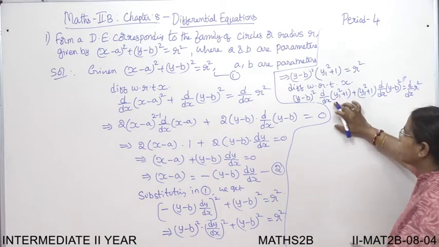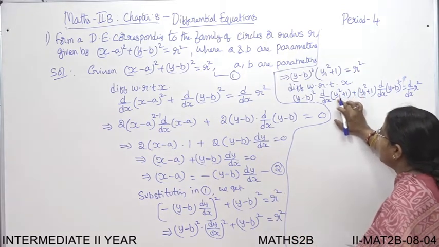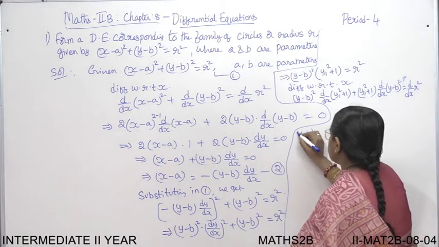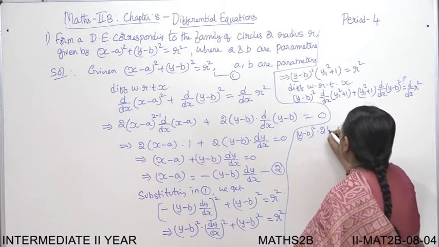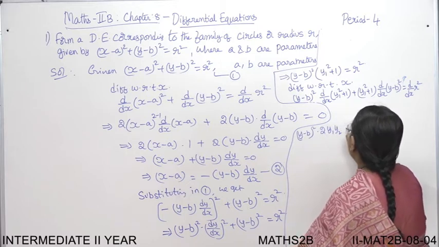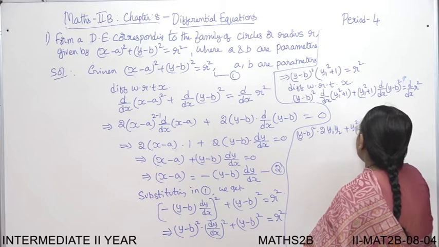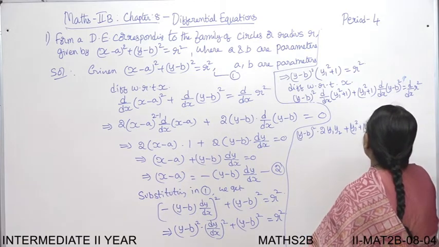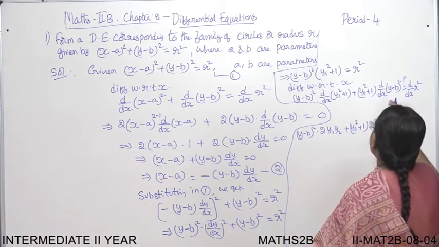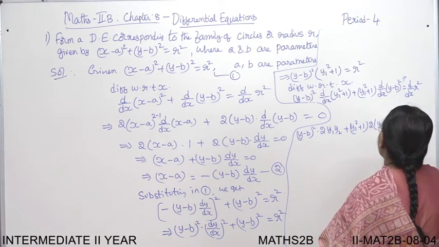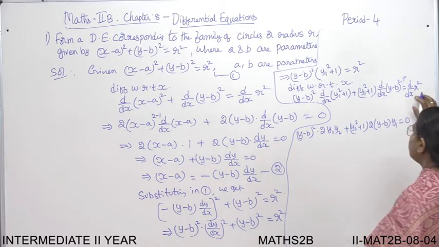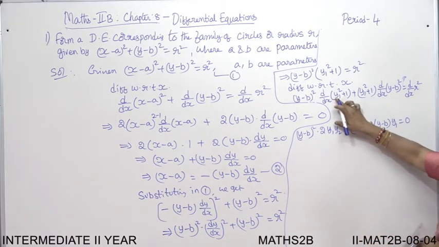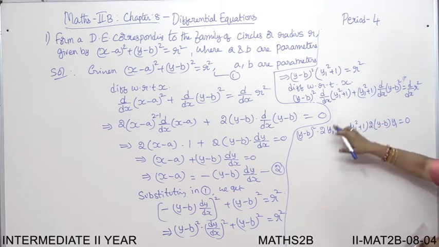Derivative of y1 square is 2y1 into the derivative of y1, that is y2. So (y minus b) whole square into 2y1 y2 plus (y1 square plus 1) into, again, the derivative of this is 2 into (y minus b) into the derivative of y, that is y1, is equal to 0. Derivative of r square is 0.